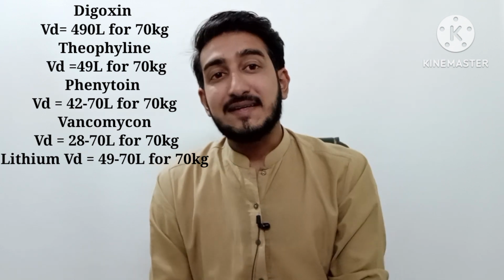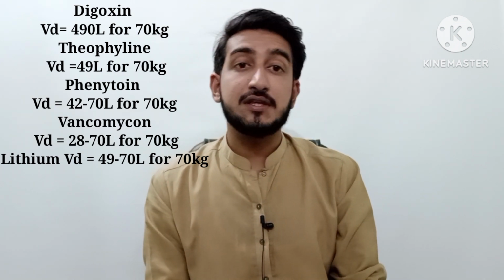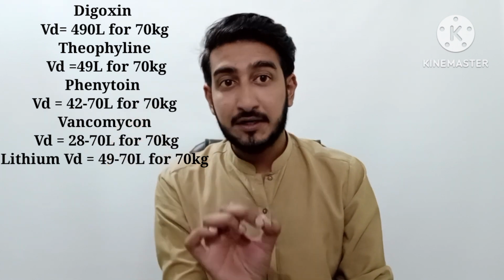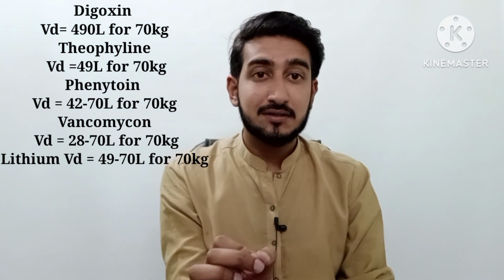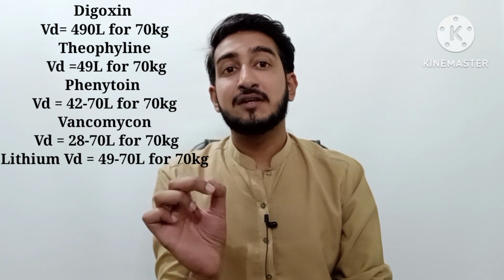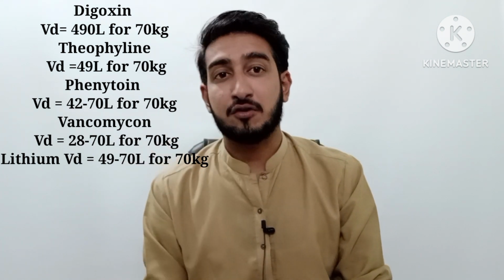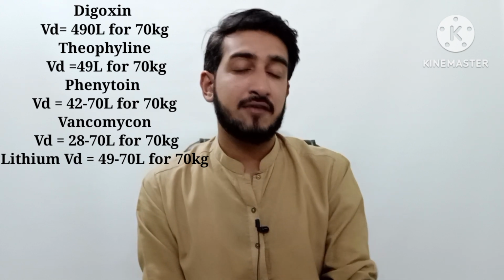So what is the reason, theoretically speaking? Something common in these drugs is their narrow therapeutic index nature and their dose-related or serum concentration-related toxicities. So we have to be very cautious about these factors.